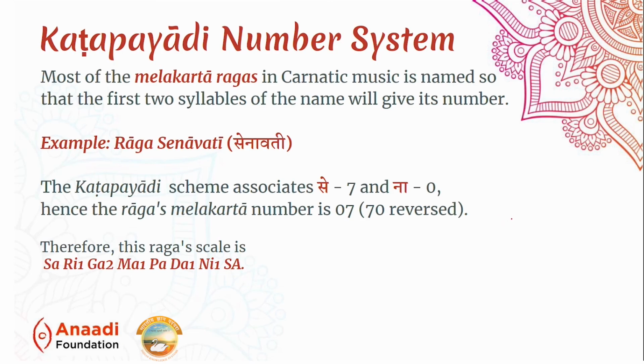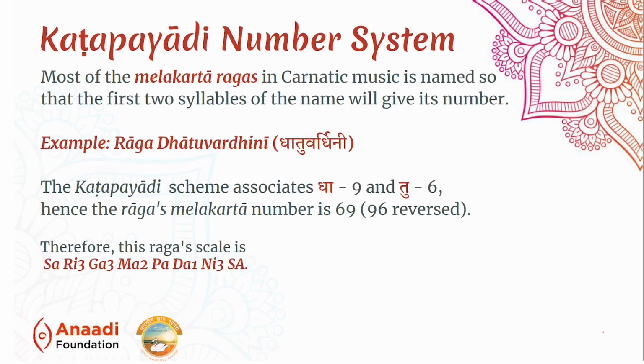So, if we follow the same steps, we see that 7 is less than 36, right? So, we have Ma 1. We then reduce 7 by 1. So, we get 6. We divide this by 6. So, the quotient is 1, then remainder is 0. So, we have Ri 1 and Ga 2 and Dha 1 and Ni 1.